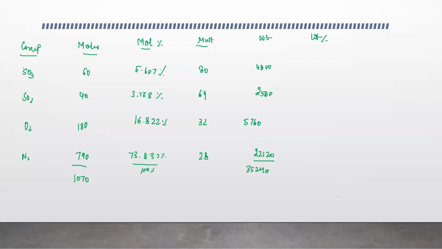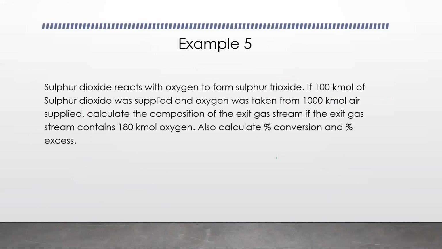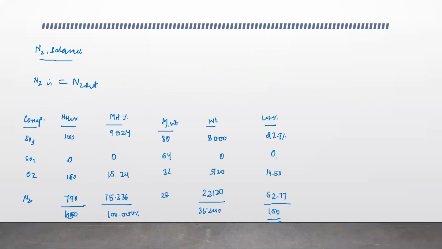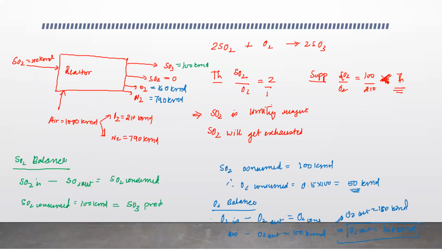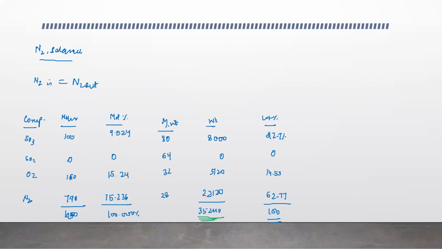Now this is again in accordance to the law of conservation of mass. I think example number 2 we did for the same, right? In example number 2, if you see the total weight, we had the same example, all were the same, just we had not given the exit composition. Exit composition was different. But again, the law of conservation of mass states that at any point, the overall mass is going to be conserved.